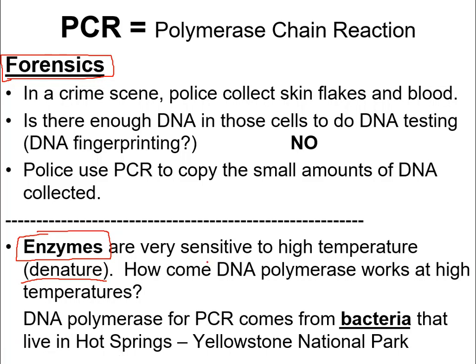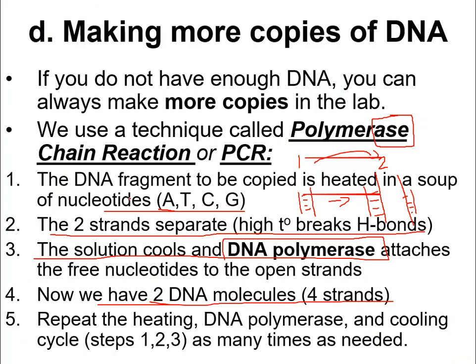So why does this type of enzyme, DNA polymerase, work in the hot water baths that we use in polymerase chain reaction? Why doesn't DNA polymerase, in this case, denature?